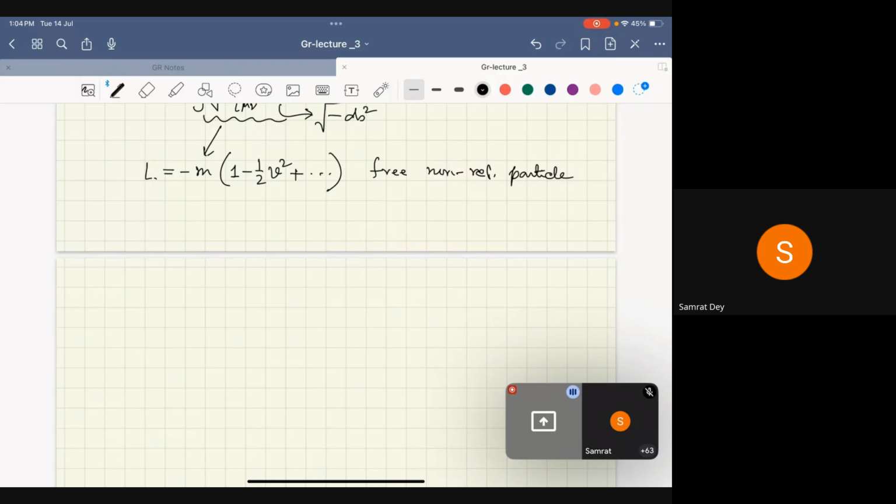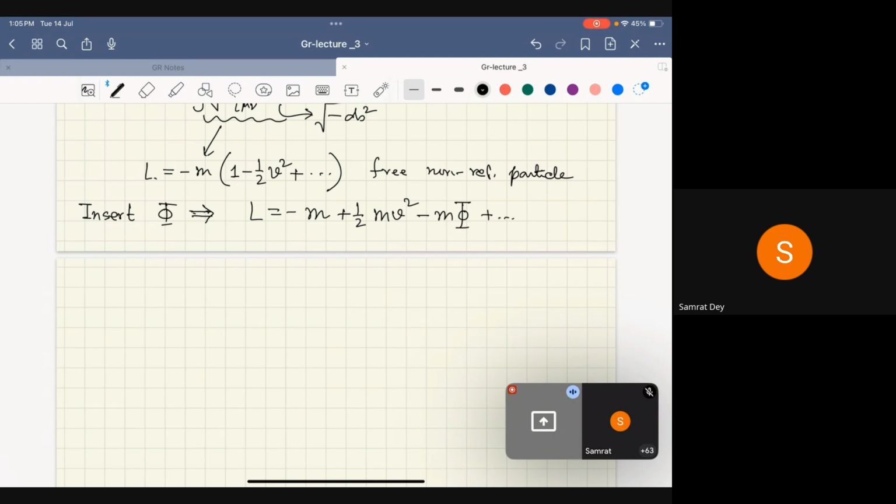But now we need to insert some interaction, and I want to insert a potential. Suppose I want to insert the gravitational potential, since a particle in a gravitational field is there, so I need to insert the potential in this Lagrangian. This will modify the Lagrangian by the addition of a term like minus m phi.